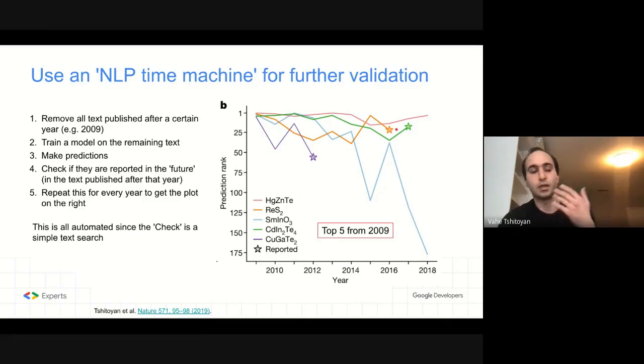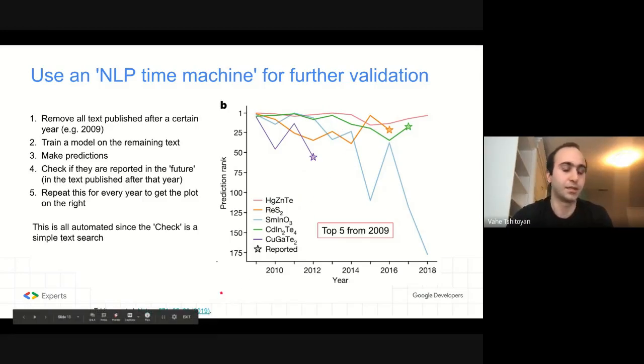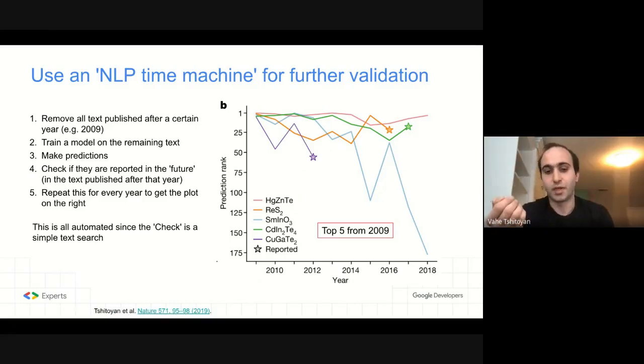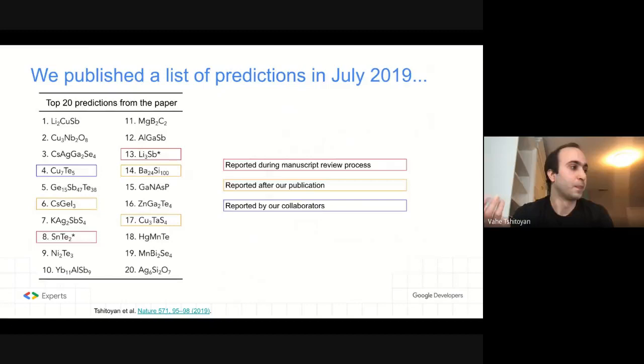So this is another good test that predictions make sense. It's one thing to test this retroactively going back, but actually this paper was published in 2019. So now we can go and see if any of the predictions we made when we published the paper have come true.